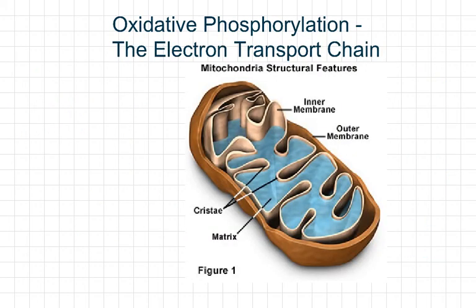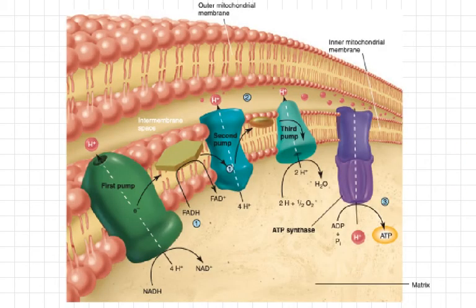As we're moving away from the Krebs cycle, the electron transporters move from the matrix of the mitochondria into the inner membrane. This is where the electron transport chain is located. As we look a little bit closer at the electron transport chain, it is made up of 4 different complexes, simply known as complex 1, complex 2, 3, and complex 4.